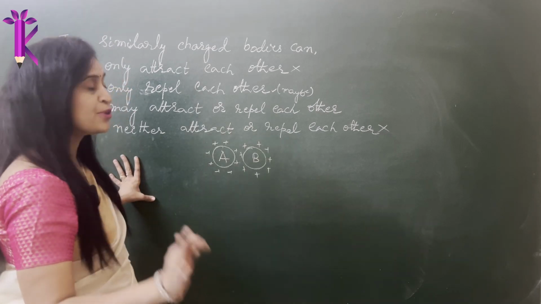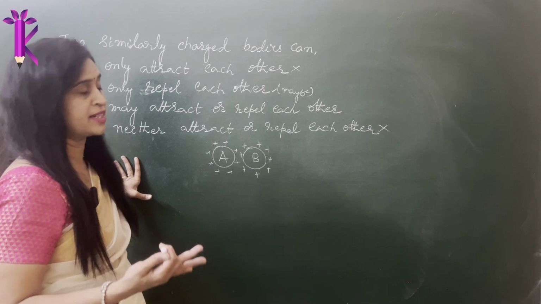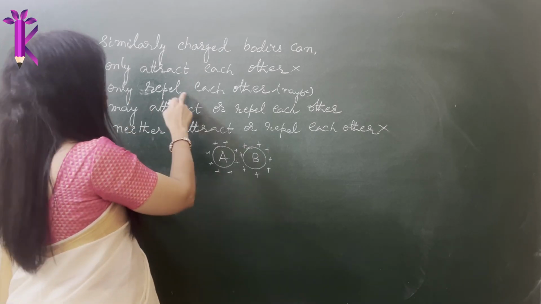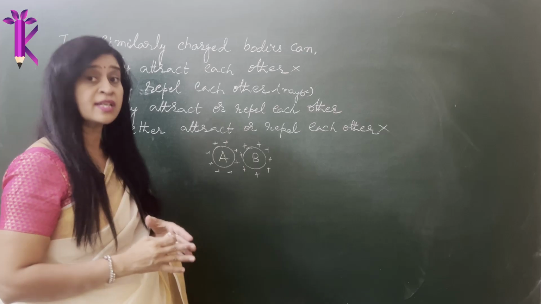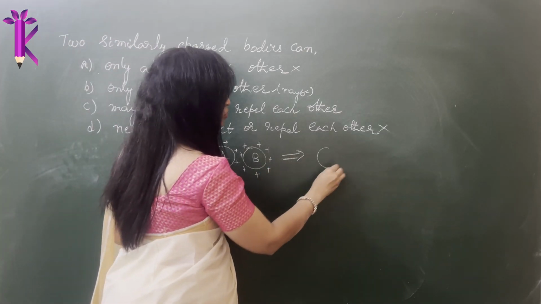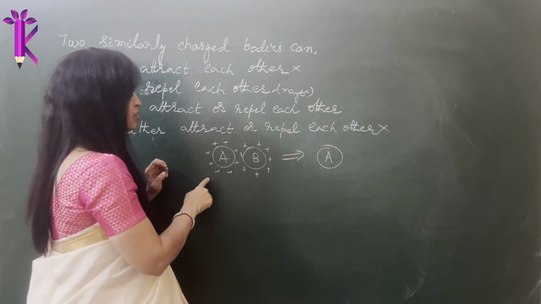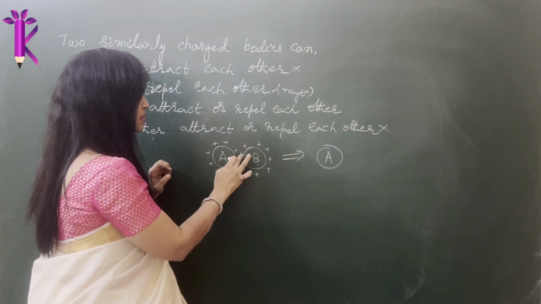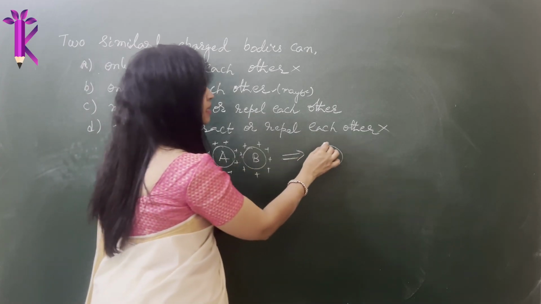So if you think the answer is this and you say, why have they asked such a naive question, and you just take only repel each other, you are doing it wrong, because we have learned that charging by induction plays a role when you bring two bodies together. So when you bring body A and body B, both positively charged, what happens? The positive and positive charges which are closest to each other start repelling away.